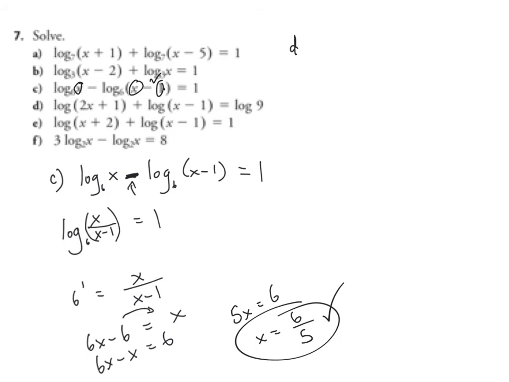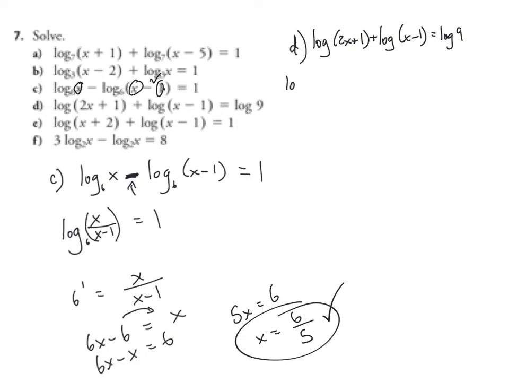Part D. Now I'll leave it up to you guys to actually check that answer. Log base 10 this time. Log of 2x plus 1 plus log base 10 again, luckily, x minus 1 equals log of 9. Alright, so I could just bring the log 9 to the left and make it nice and easy.